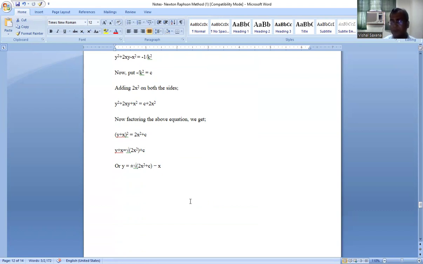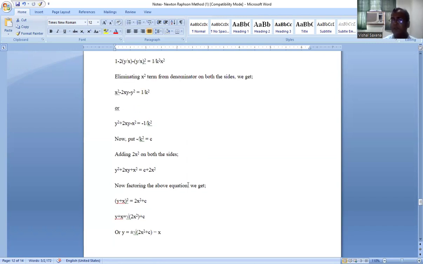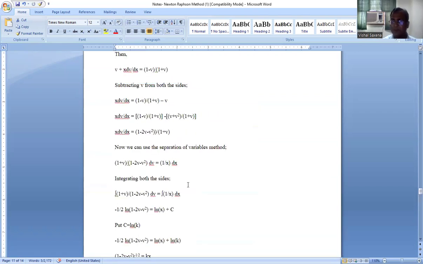So y is equal to plus minus root of (2x square plus c), minus x, and that is the solution for this differential equation. It is the general solution for the given homogeneous differential equation.